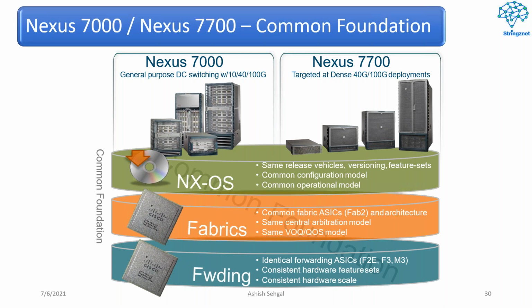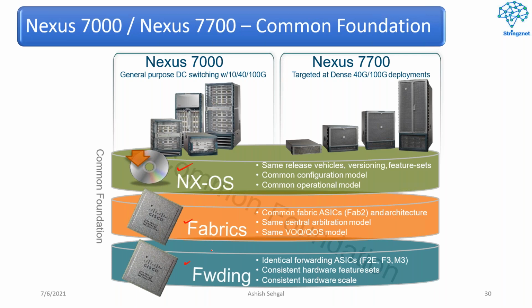Nexus 7000 and Nexus 7700, they are brothers from the same mother. Why? Because they both have the similar Nexus operating system concept, the similar functionality. They use similar fabric types and similar forwarding types.